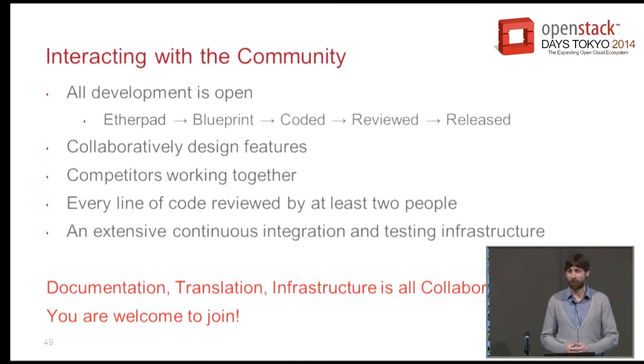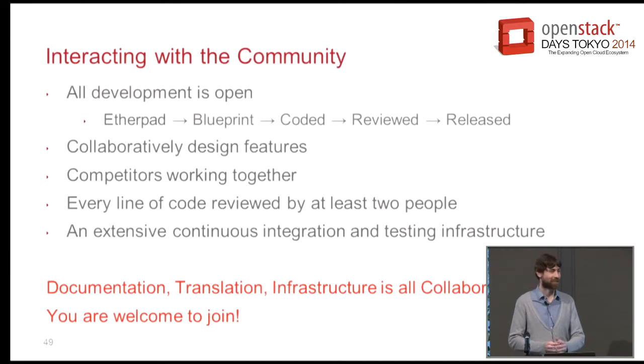But of course, we'd prefer you to review the code seriously. And actually what tends to happen is every single line of code in OpenStack has been reviewed by at least 3 people, the original developer and 2 reviewers. Typically, we have 6 people look at every patch, sometimes up to 20.